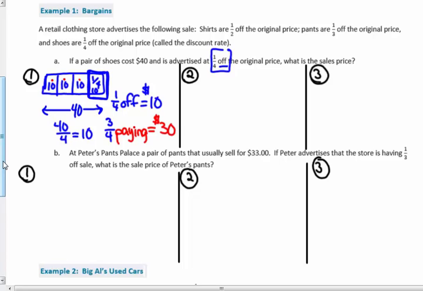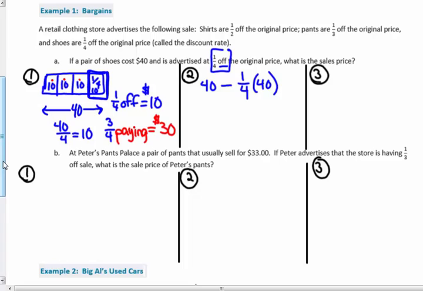The second method says subtract the fraction of the price from the original amount. So it's an equation. I'm going to take $40 and subtract from that the fraction of the price, 1/4 of the original price, which was $40. So I'm going to save 1/4 of $40.